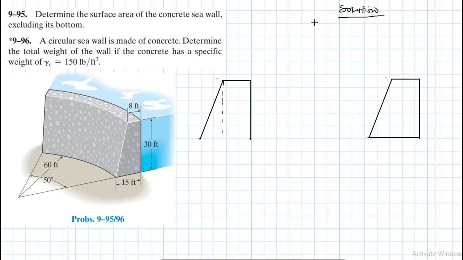I'm using the formula here: area is equal to theta times the summation of the centroid, the location of each particular component, where theta is equal to, converting to radians, 5/18 pi, because the angle is 50 degrees. So that's our theta.